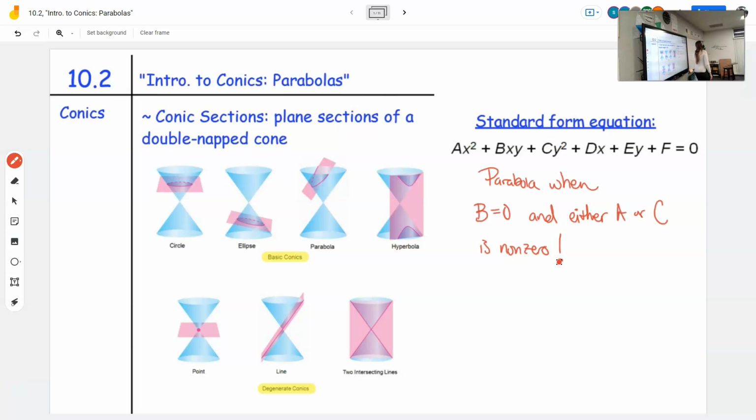Why do I say A or C is non-zero, but not both? If A was non-zero, I'd have an x squared, but not a y squared. If C was non-zero, I'd have a y squared, but not an x squared. Why can't I have both be non-zero?